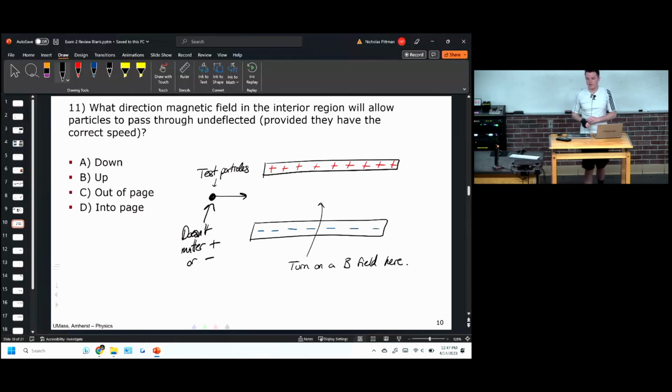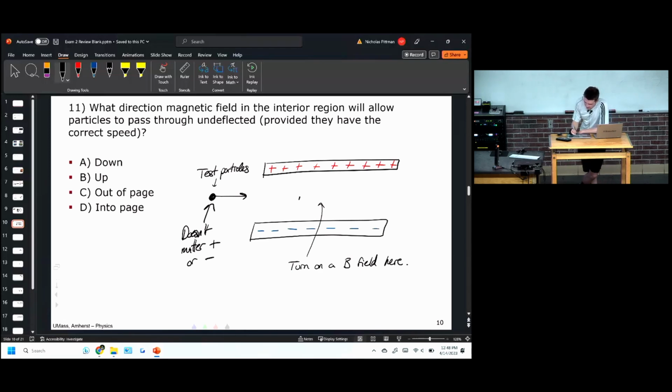Because if you are looking for the E field and the B field forces to totally cancel, for negative particles, both forces will flip direction. It will feel a force in the opposite direction of the E field and opposite of the right-hand rule from the B field. So it doesn't matter if you consider a positive charge or a negative charge. Let's do a positive charge. Okay, so what direction will a positive charge feel a force due to those electric charges?